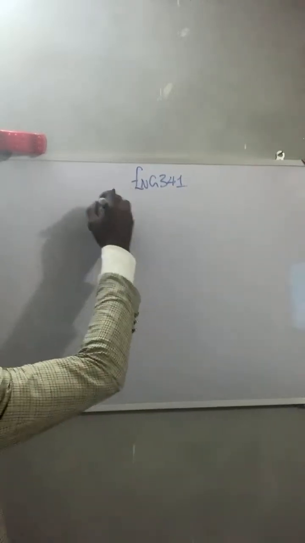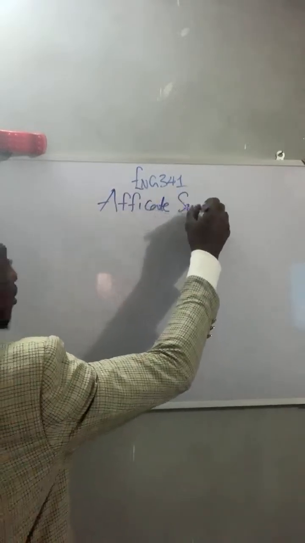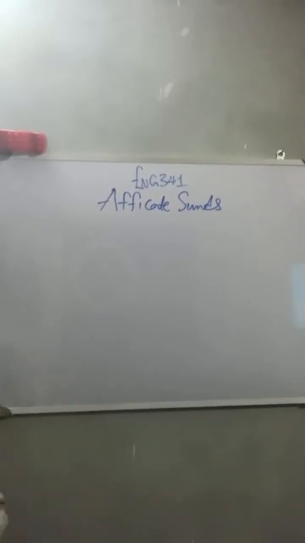So let's proceed. We have affricate sounds. So what are we talking about? Affricate sounds are sounds that are produced at two points of the organs of speech.